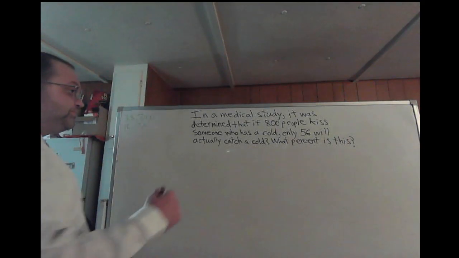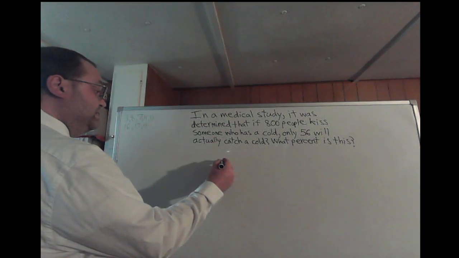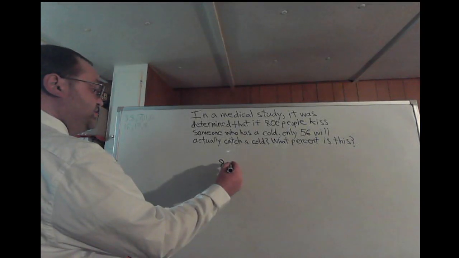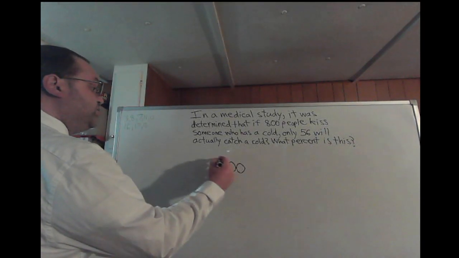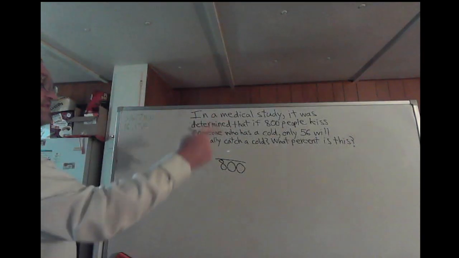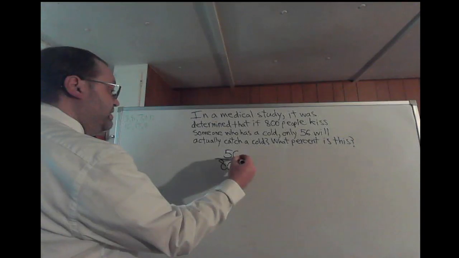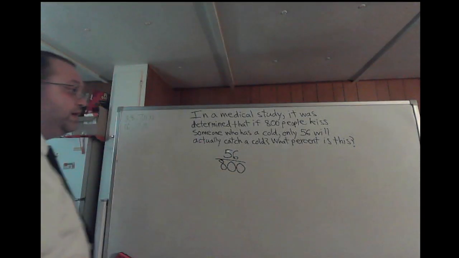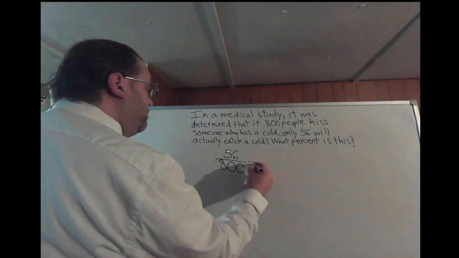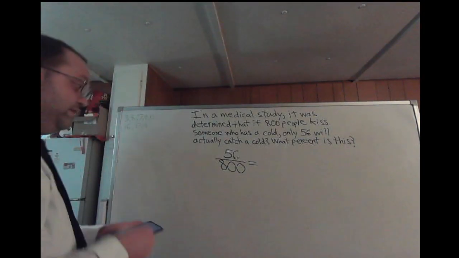But, so the total out of 800 people, out of means division, where the total is 800, that's your denominator. Only 56 will actually catch a cold. So 56 out of 800, that is 56 is your numerator. We need to figure out what percent that is. So first we will have 56 divided by 800.